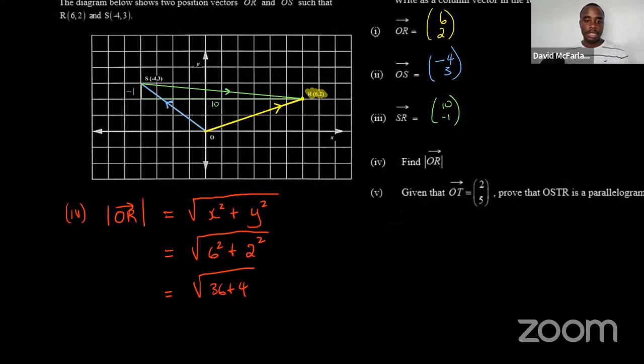So that means it's going to be equal to the square root of 40. Okay. So the magnitude of OR is the square root of 40. And what's the square root of 40? Let's work that out.